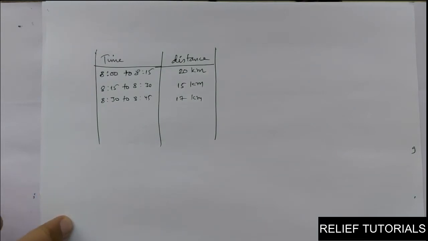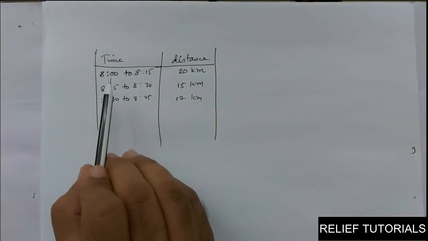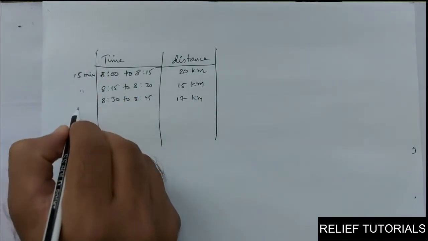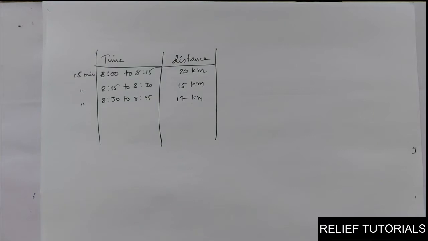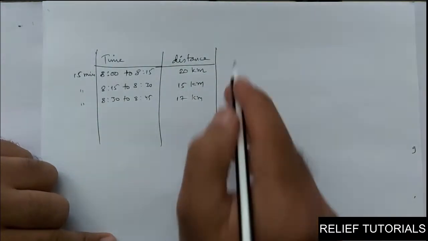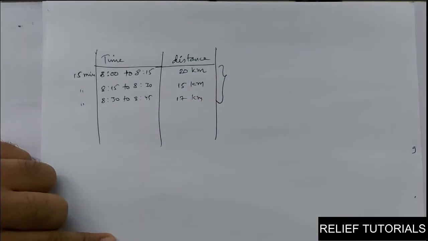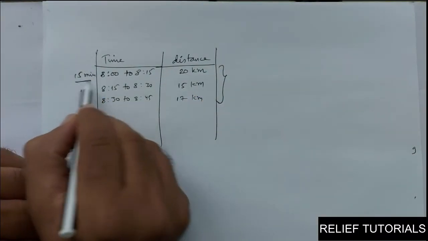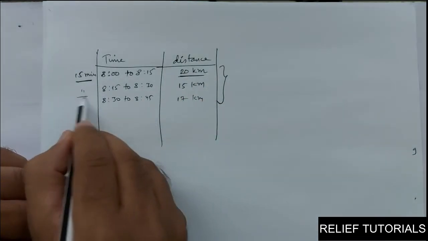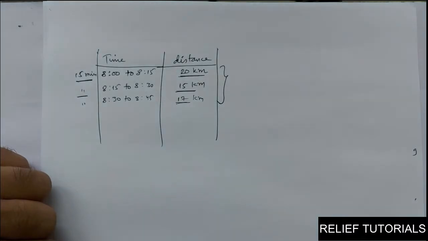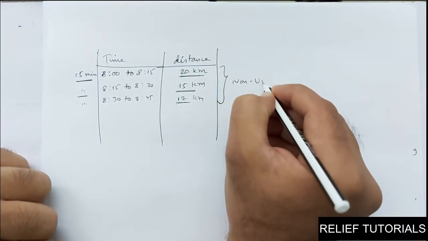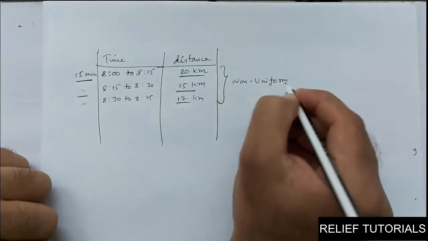So if you observe these three observations, the time intervals are each of 15 minutes, so we have equal intervals of time, but the distance traveled is not equal because the speeds are different in all these three. So such type of motion is non-uniform motion.